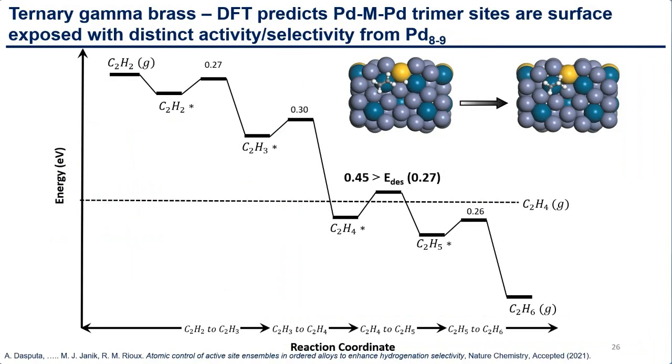So in order to test the influence of the coinage metal addition to the trimer site, the first thing we did was DFT calculations of the mechanism or the energetics for semihydrogenation of acetylene.